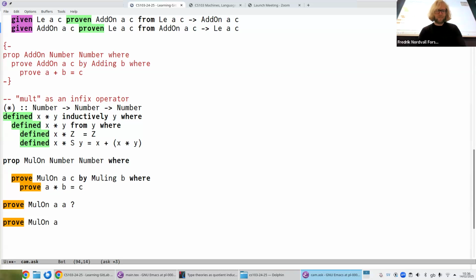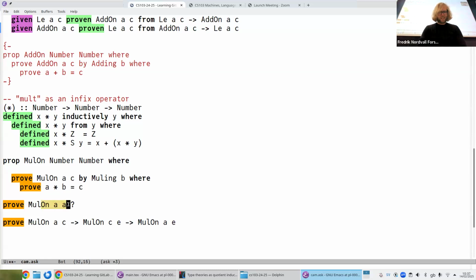So if I can go from A to C and I can go from C to E, then I can go from A to E, right? If I could only type.